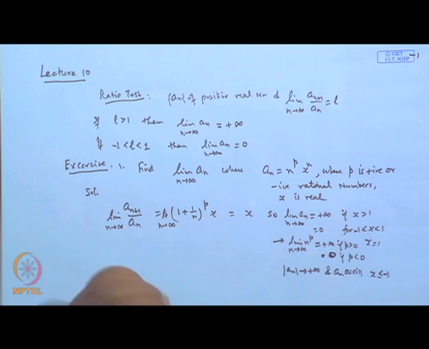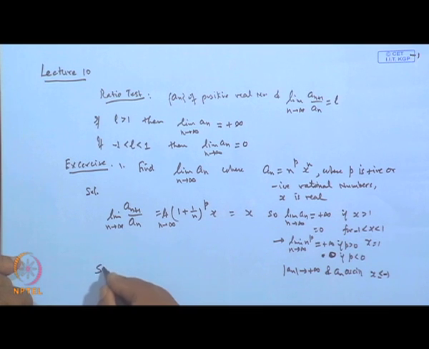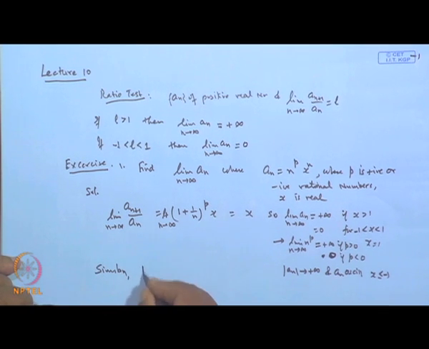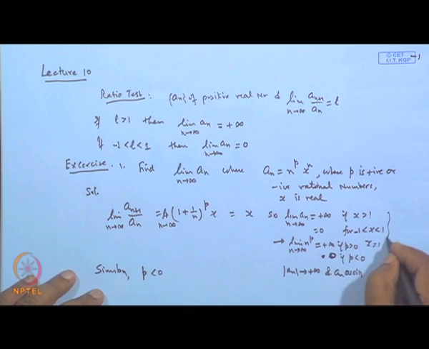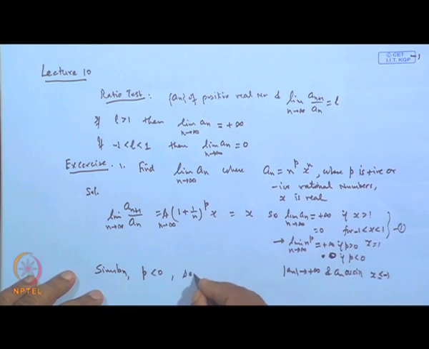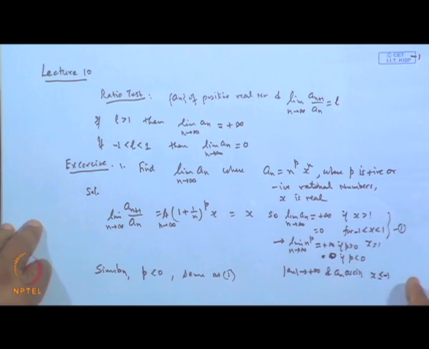Oscillatory infinite. Okay. Similarly, when p is negative, in that case also the same thing happens. Again, for x greater than 1 it is infinity, for x lying between minus 1 and 1 it is 0, and for the others, the same results as before. Okay, that is one.